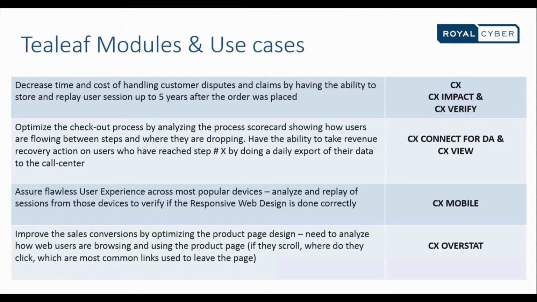And CX Overstat improves the sales conversions by optimizing the product page design. You need to analyze how web users are browsing and using the product page, if they scroll, where they click, or which are the most common links they go to. All of that could be done with the help of CX Overstat.